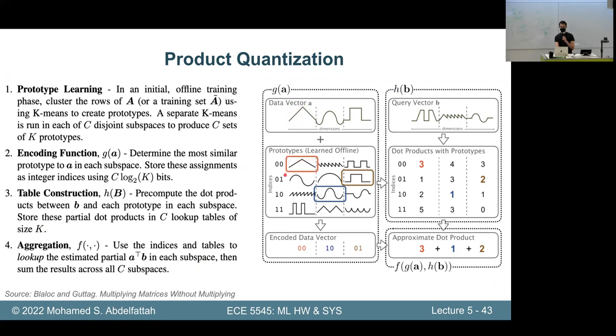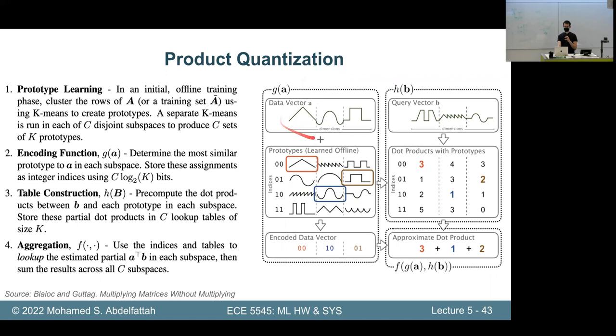I look at a bunch of prototypes that I've already learned offline, and I say, oh, this looks a lot like this one. So I'm going to approximate this group of numbers. This here is, let's say, 16 numbers. It starts with 0, 1, 2, 5, 8, 11, and so on. So the group of numbers has this pattern that's increasing and then decreasing.